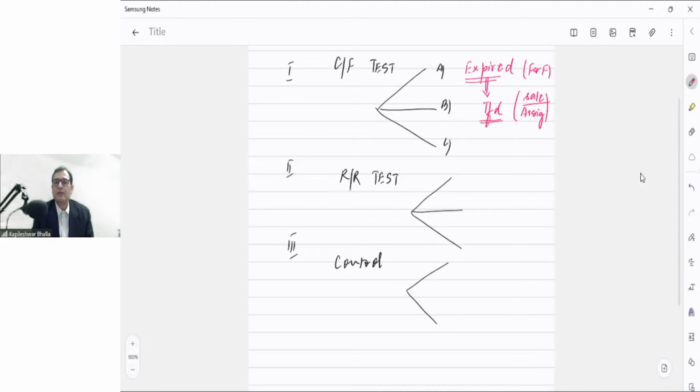But if you say the cash flows have not been transferred, then you go to sub-step C, and you check whether it's a case of a pass-through arrangement, which has a total of 3 conditions to be met. Because if you say that it is a pass-through arrangement, you need to prove, number 1, that all the cash flows will be transferred, as and when they arise.